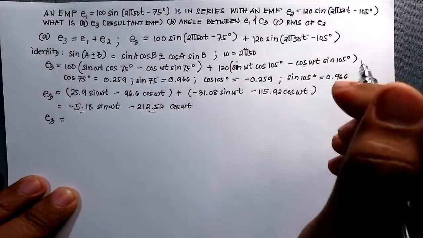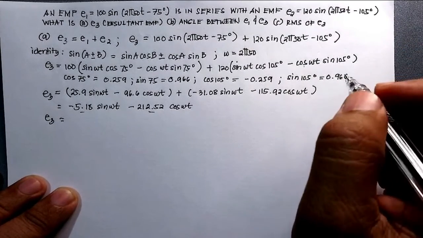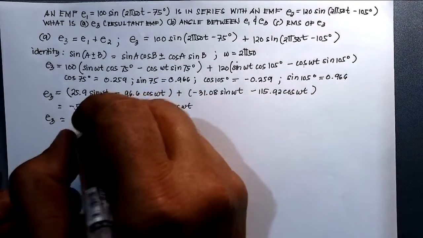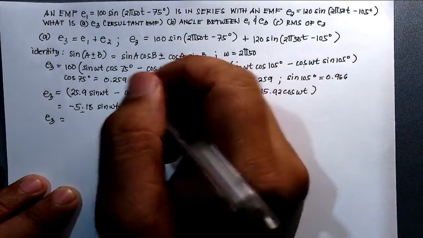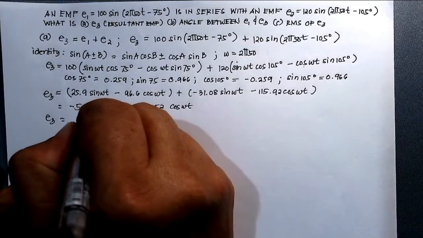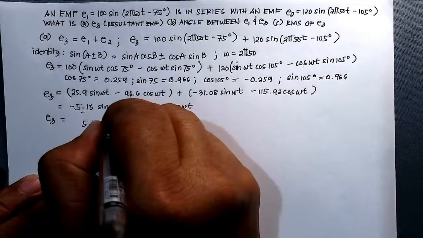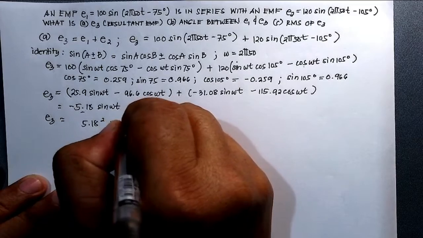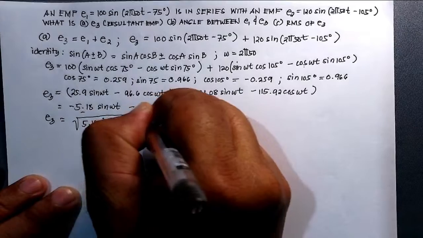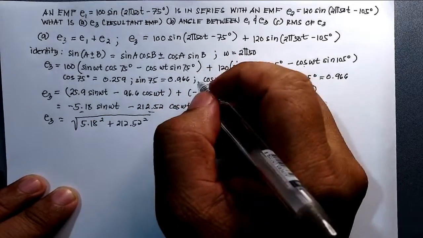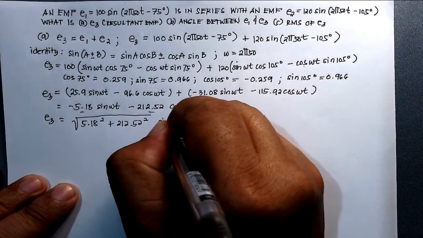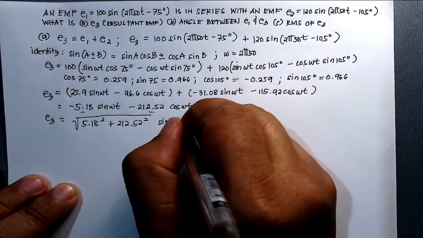To get the hypotenuse, we take this one squared, add, and then take the square root: 5.18 squared plus 212.52 squared, the square root of that will be the C, then sine omega t plus theta.